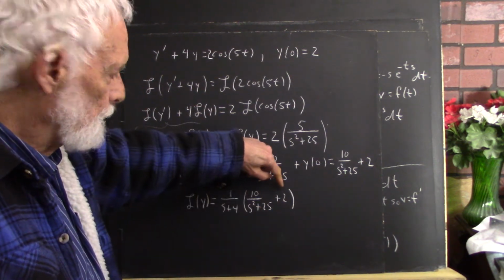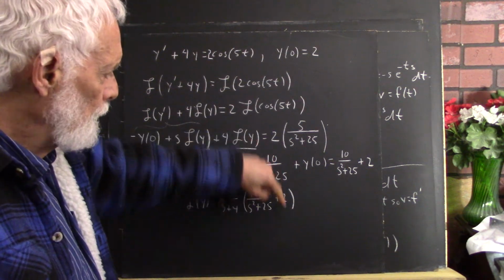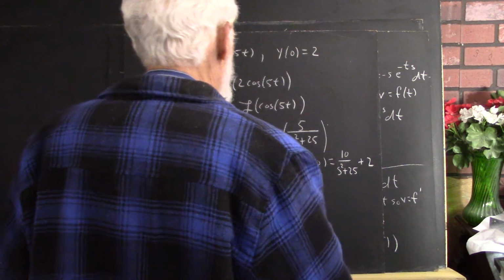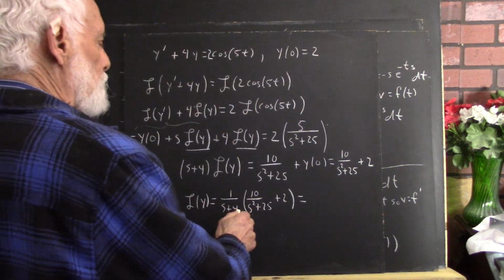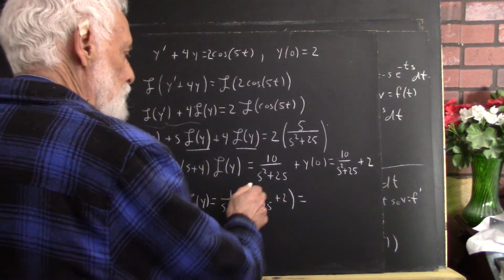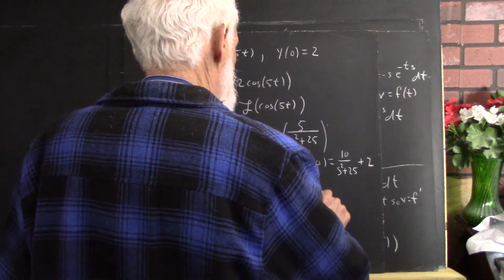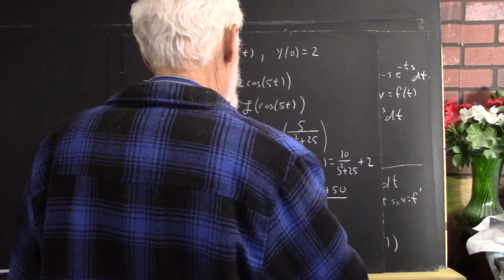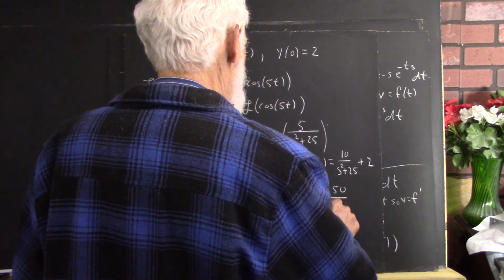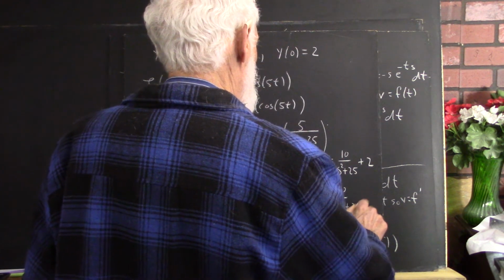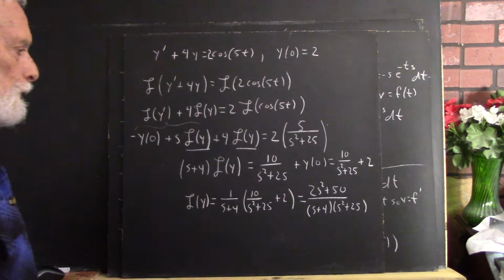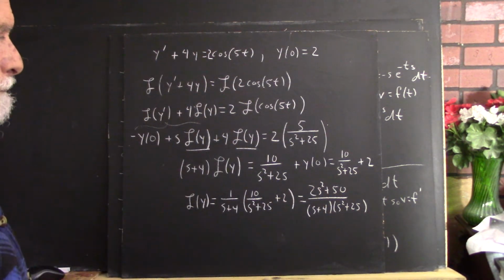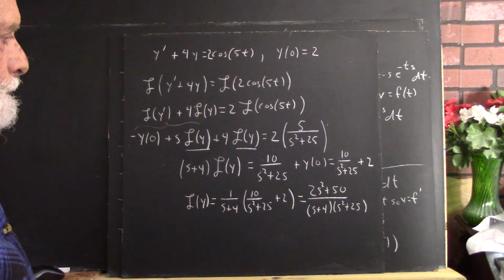We're going to get 2 times the quantity s squared plus 25 over s squared plus 25, which is going to give us 2s squared plus 50 in the numerator. And then that's divided by s plus 4 times s squared plus 25.